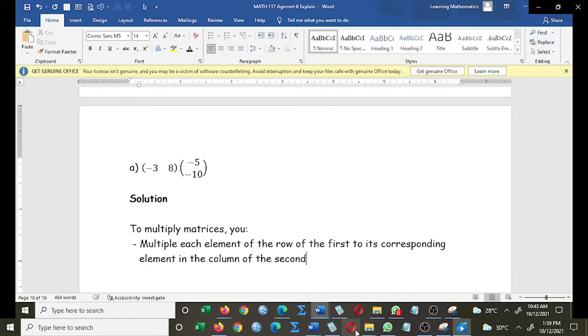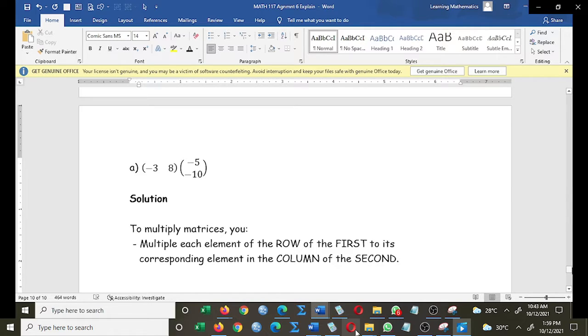So that's why I maintain from the beginning, always row of the first and column of the second. So if you look, there's a consistency now in that whole language, row of the first and column of the second. If you look at the notes that I formulated, it's always about row of the first and column of the second.